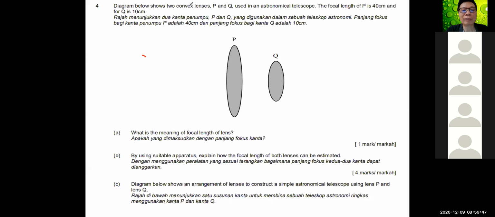Diagram shows 2 convex lenses, P and Q, used in an astronomical telescope. They ask you to construct a telescope.